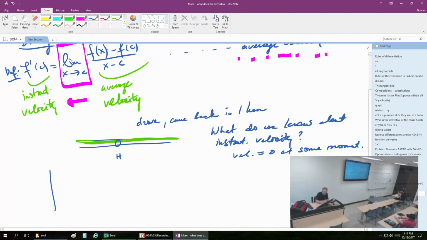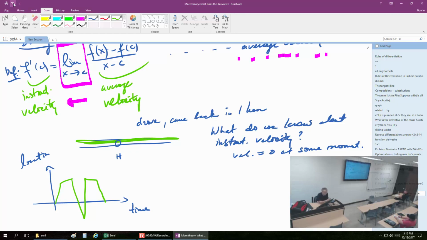If you want to draw a graph, this is time, and this is location. Starting from point 0, this is what happened. You may have driven fast, then slow. You turned back, and then you came back. Assuming the function is differentiable, then, well, I guess my picture wasn't. I do want to assume that the function is differentiable. So you came back, maybe you just wiggled around.